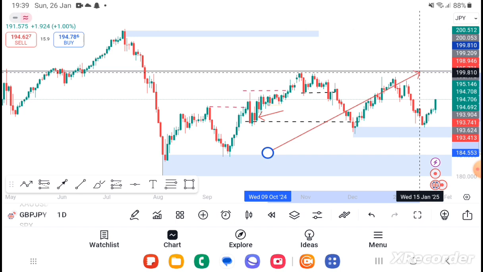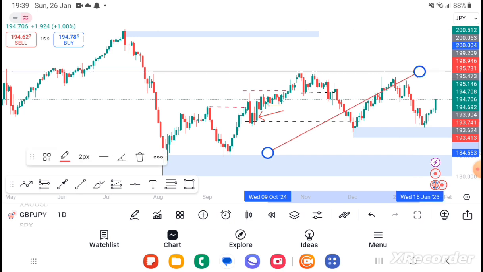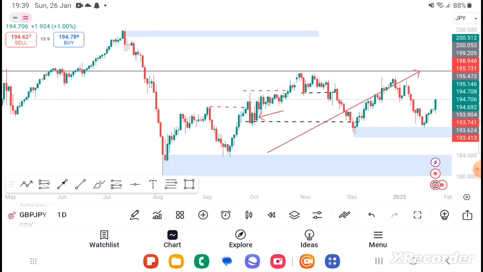So most likely we are coming here. Immediate target is, I think, 195.731 GBP could go there. Okay, it might, and then try to do some retracement or falling off course.